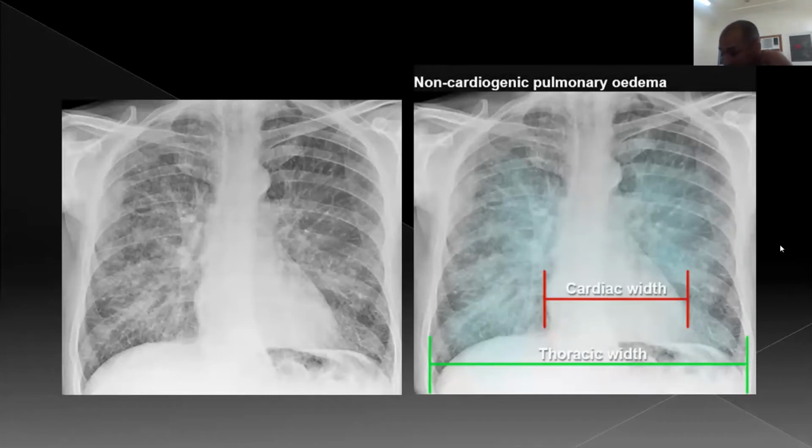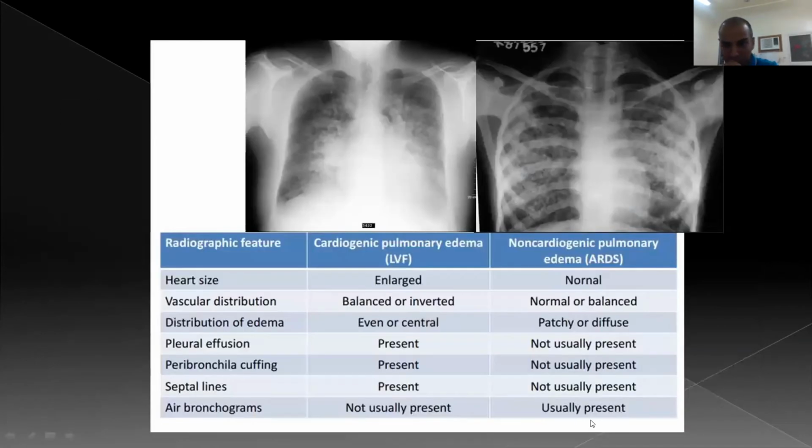We have a list of different causes that may cause pulmonary edema, different from cardiac disease. How can we differentiate? Simply look at the cardiac shadow, the costophrenic angles, and the distended upper lobe vessels.